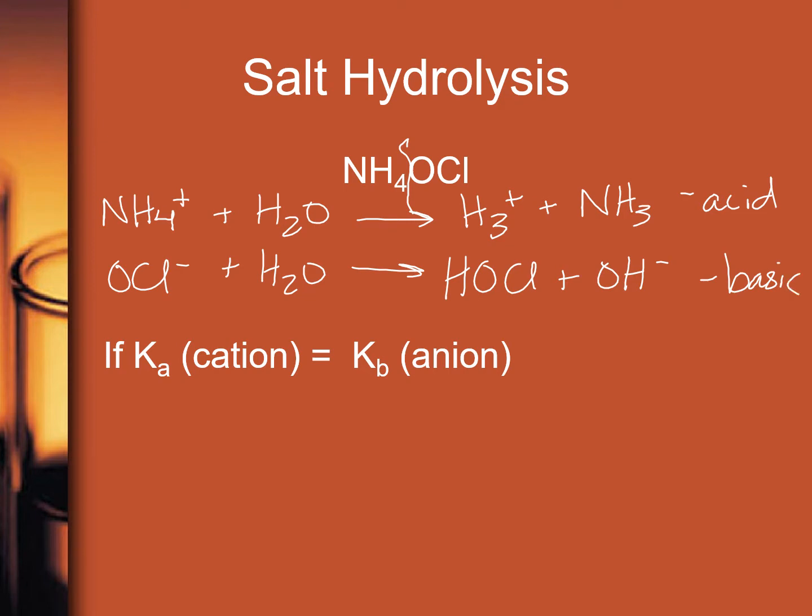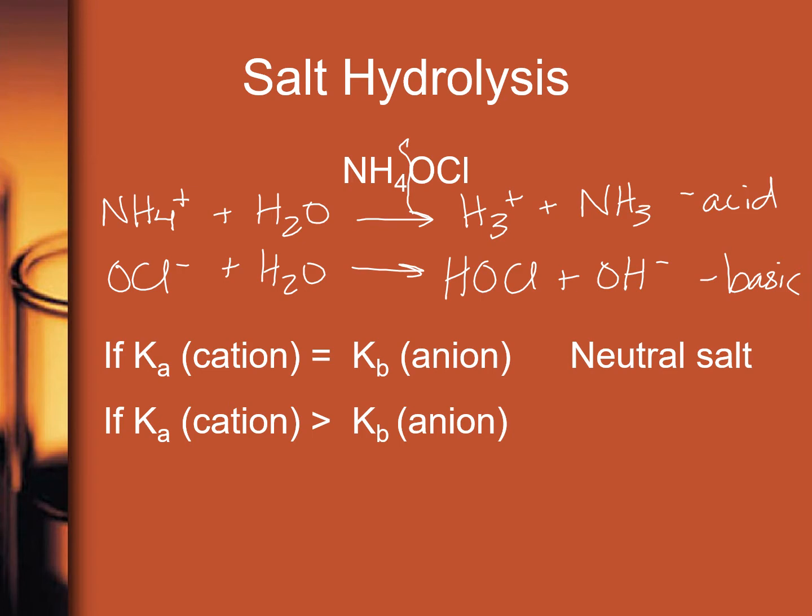So whenever neither ion cancels out, you have to compare Ka to Kb to see is the salt acidic or is it basic. If your Ka and your Kb value of the two are equal, it is neutral. They're going to cancel each other out.